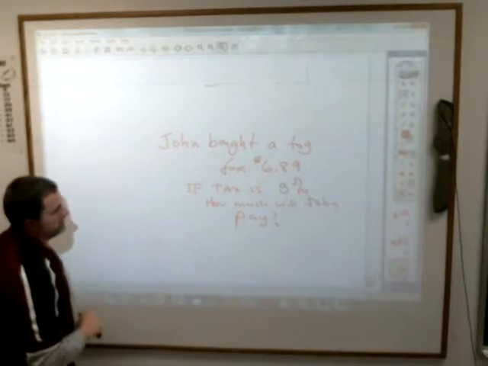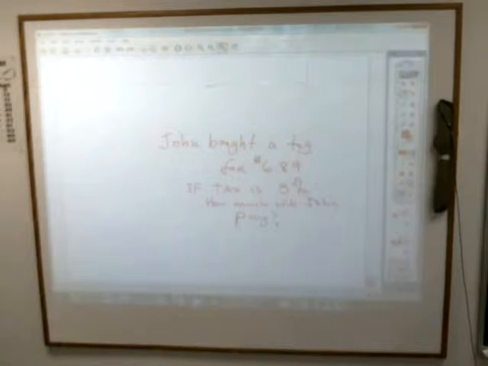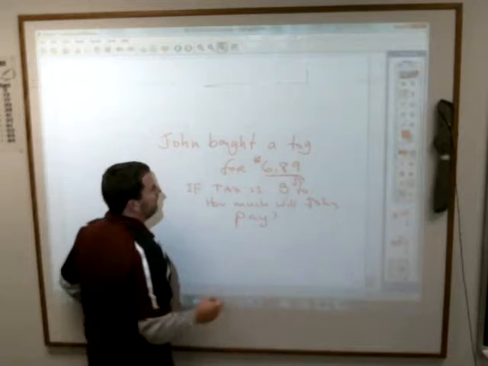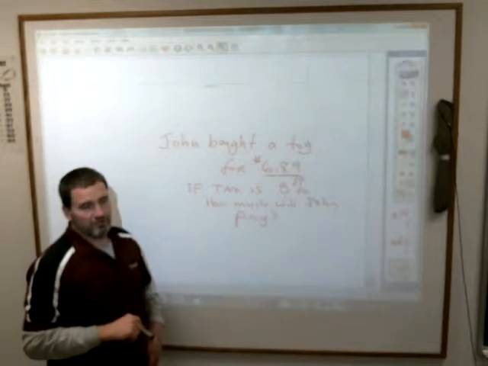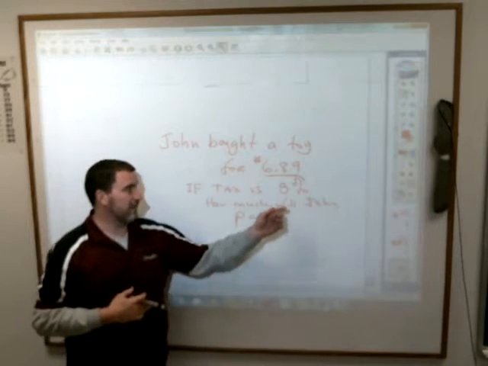Let's discuss this for just a minute here. Obviously, when you go into a store and buy something, it would be better if the price tags in the stores actually included tax. That way you'd know exactly what the thing costs when you walk up to the register. But if you go to the register with a toy that costs $6.89, if that's all you have, you can't buy the toy because we have to add on a tax.